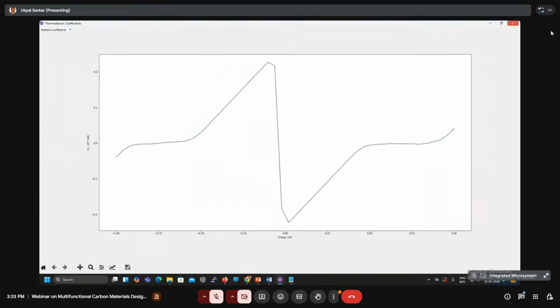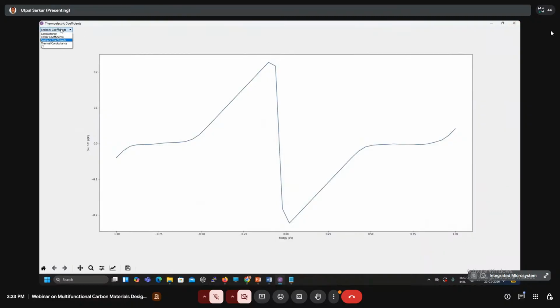So this is a Seebeck coefficient plot. Now on the top left side, we will see different types of thermoelectric properties. One is Seebeck coefficient, conductance, Peltier coefficient, and thermal conductance. Suppose for Seebeck coefficients, this is the graph.